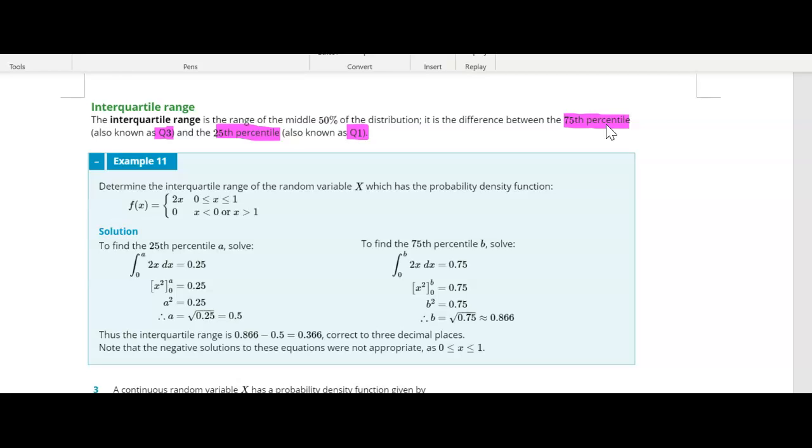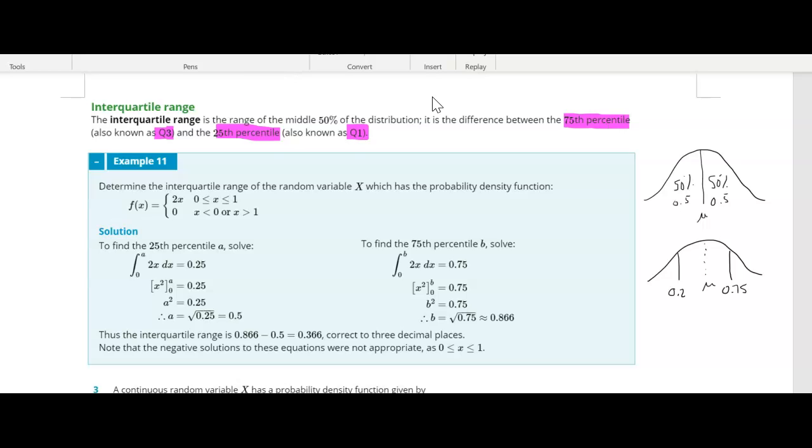So if I was to look at a curve again, it doesn't have to be necessarily symmetrical. So there's your mean. So either side of that is 50% or 0.5. And if we're looking at the interquartile range, you've got your mean in the middle, but if I was to then halve the bottom half and the lower half, this is at 0.25 and this is at 0.75.